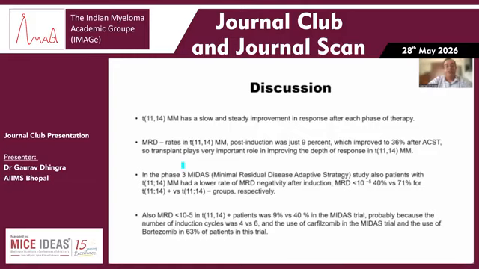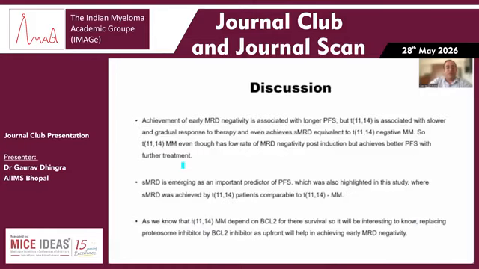MRD at 10 to the minus 5 in translocation 11;14 positive patients in our study was 9% versus 40% in the MIDAS trial, probably because the number of induction cycles in our study was 4 before assessment of MRD, while they used 6 cycles after which MRD assessment was done. Also, they used carfilzomib in their trial, while 63% of the patients in our trial received bortezomib.